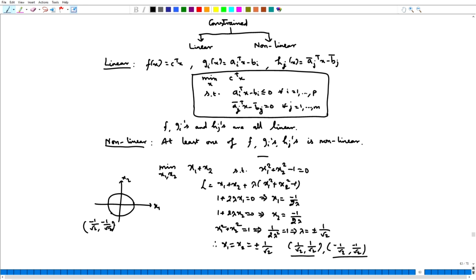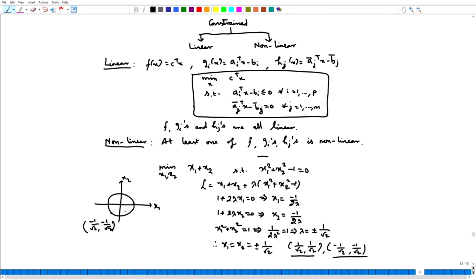Now, coming to figuring out an algorithm. Why not use the same kind of algorithm that we used for unconstrained optimization? That is, start with a point, find out the direction and step size, and keep moving ahead. The problem is clearly the constraint set.